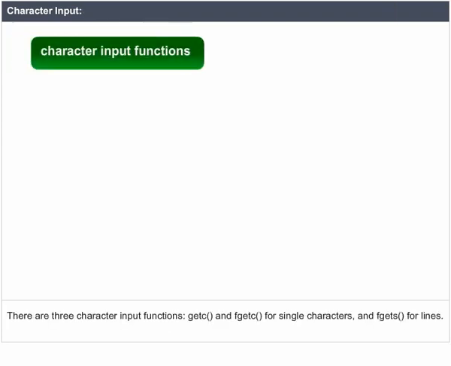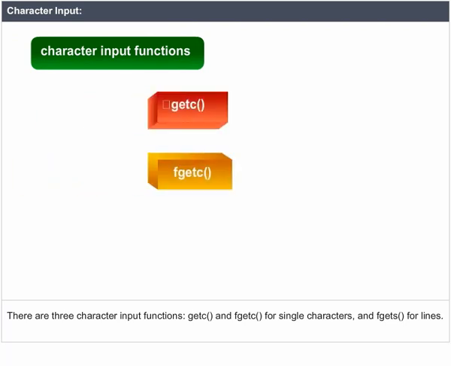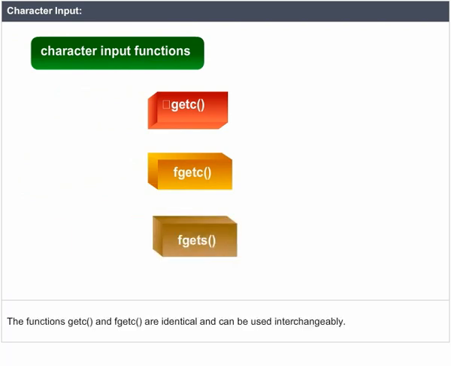Character input. There are 3 character input functions: getc and fgetc for single characters and fgets for lines. The functions getc and fgetc are identical and can be used interchangeably. They input a single character from the specified stream.